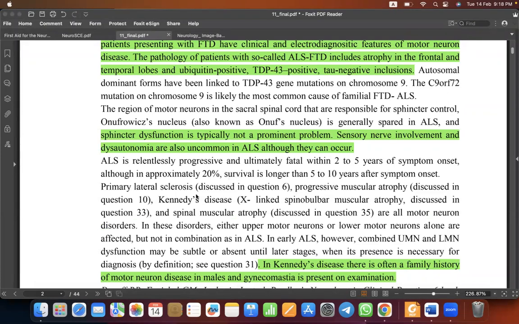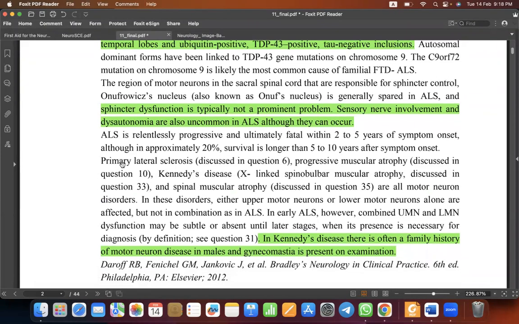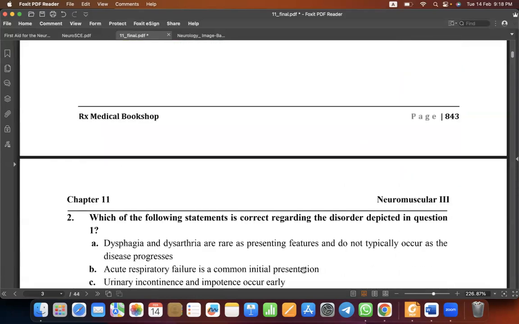As I told earlier, we'll discuss primary lateral sclerosis, progressive muscular atrophy, Kennedy's disease, and various types of spinal muscular atrophy as well. In case of Kennedy's disease, as I told earlier, there will be family history, and second, there will be gynecomastia. It's very important.